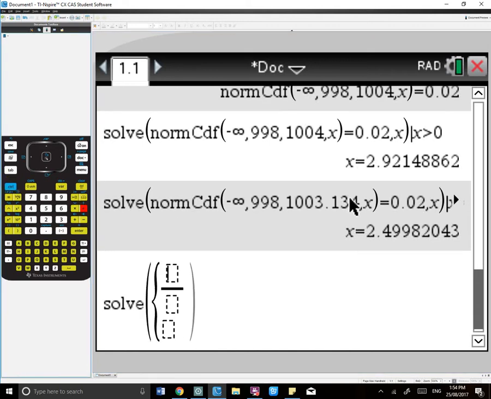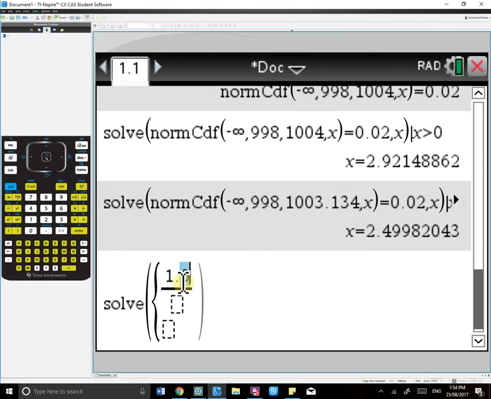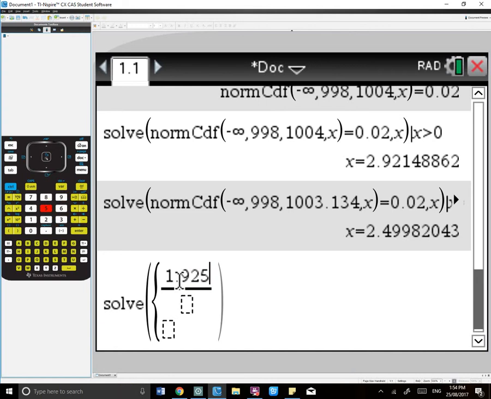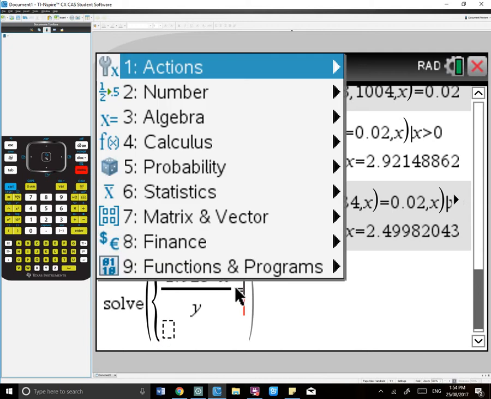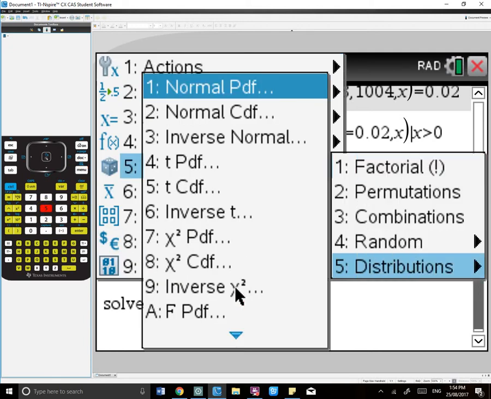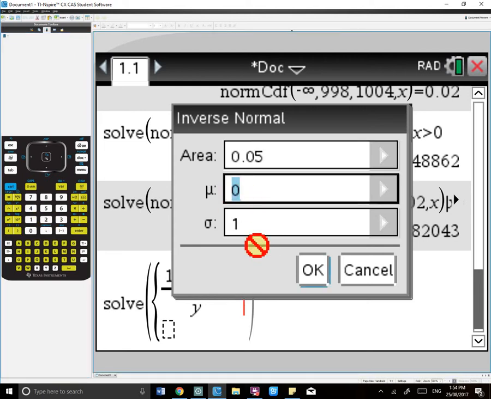The first one is 1.925 minus x divided by y, where x is mu and y is the standard deviation. What will that equal? Inverse normal: I have the area 0.05, mean 0 and standard deviation 1. Those two values must be equivalent.